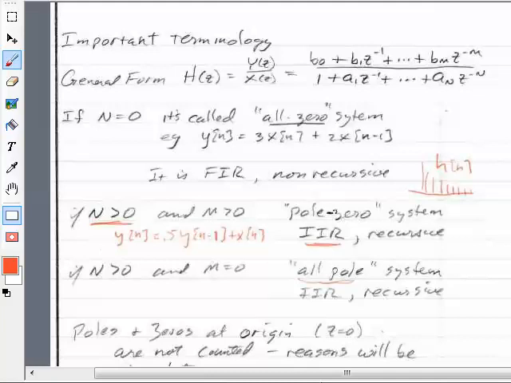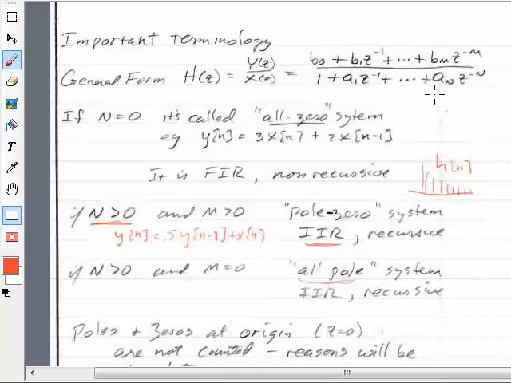So continuing on with the discussion of discrete time system theory, a little bit of discussion on terminology. Here's a general form of an H of z, just numerator and denominator polynomials in z. If n is equal to 0, then all of these terms are 0, so there's only a numerator.